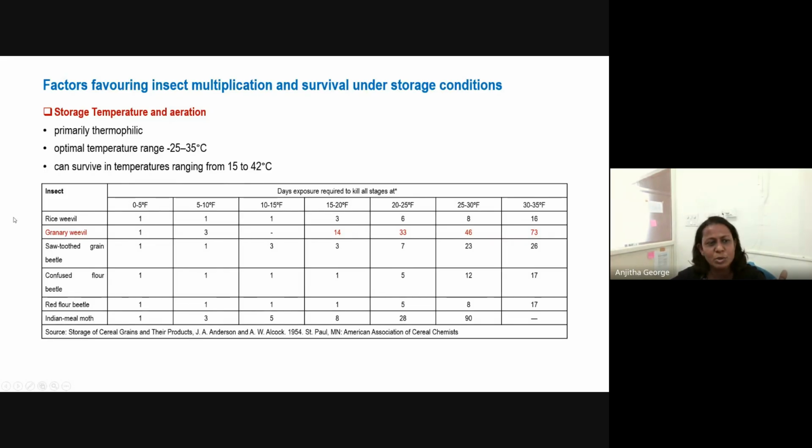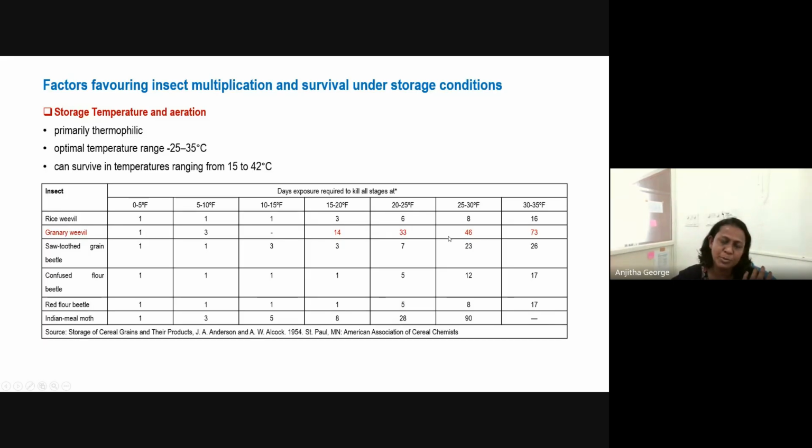But with respect to the granary weevil, at 15 to 20 and 20 to 25 degrees, which are the optimum temperature range preferred by the insects, we need to exert a larger number of days to kill this insect pest. So it is very difficult to kill these insects within their preferred temperature range.